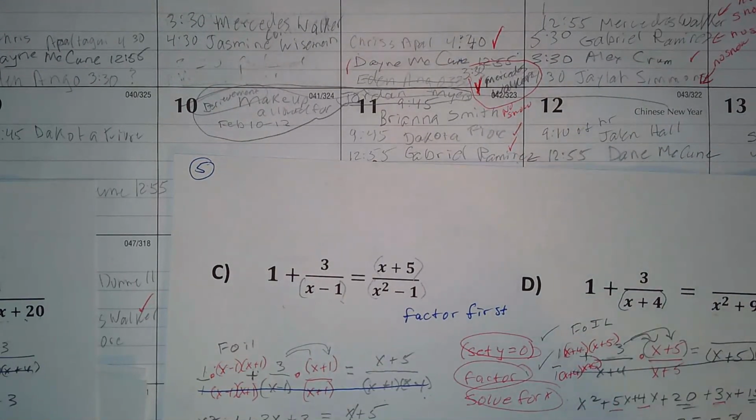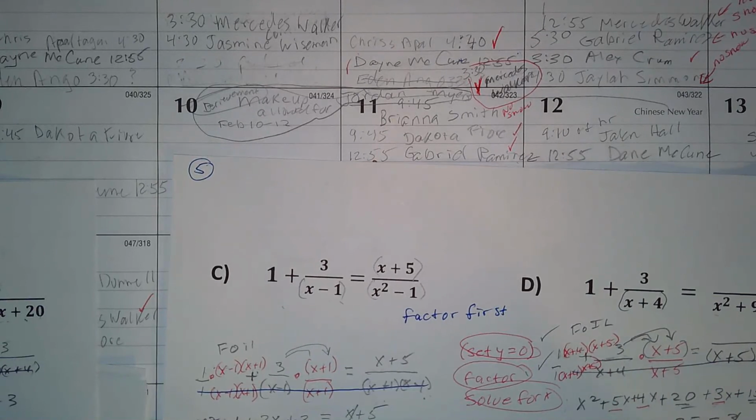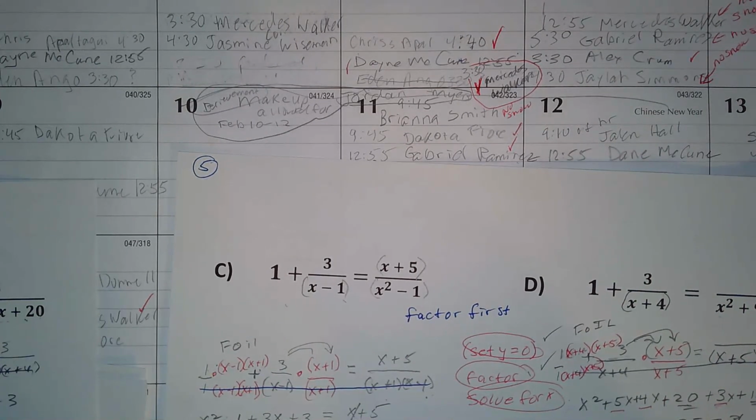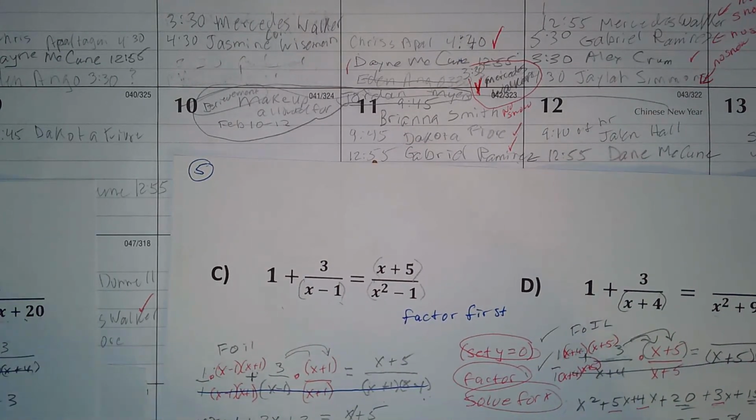So this is 1 plus 3 over, and then x is negative 4. Negative 4 plus 4. So we did that right. Yeah. Okay, well, let's keep going. This doesn't look good. Looks like we got an undefined going.